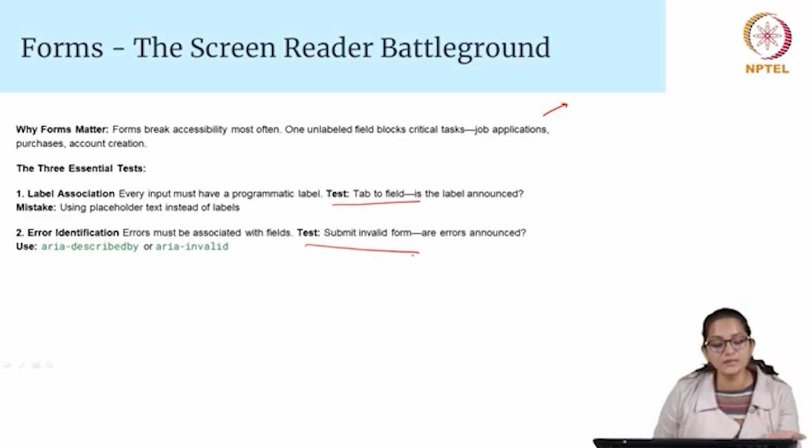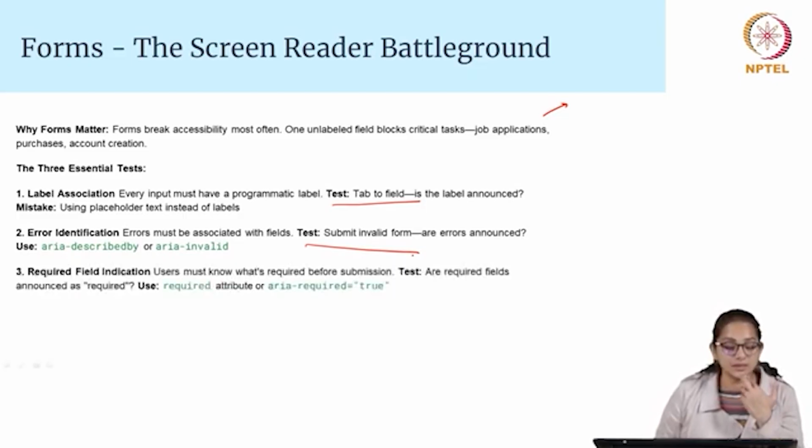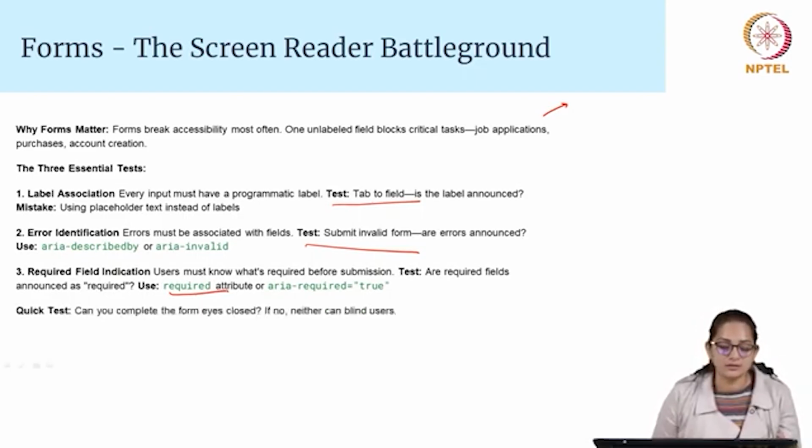If it is not happening, then you can use these tips of ARIA labeling. Required field indication. So users must know what is required before submission. So you can test whether all fields are announced as required or must fill, mandatory. So use the required attribute or aria-required as true for those cases.